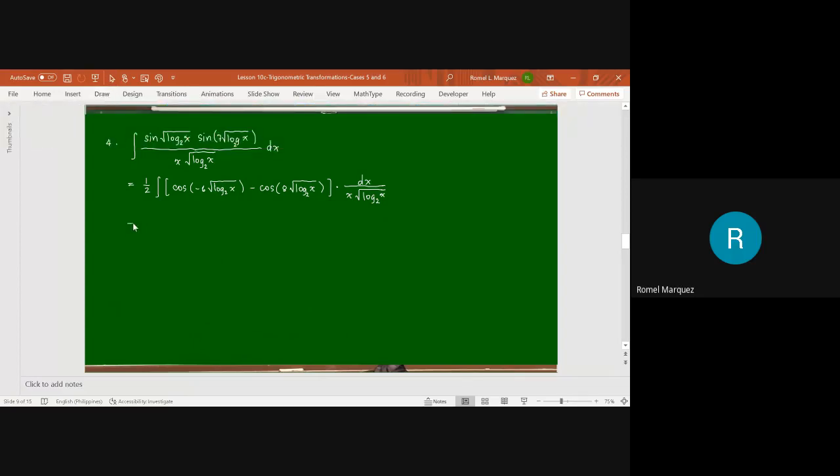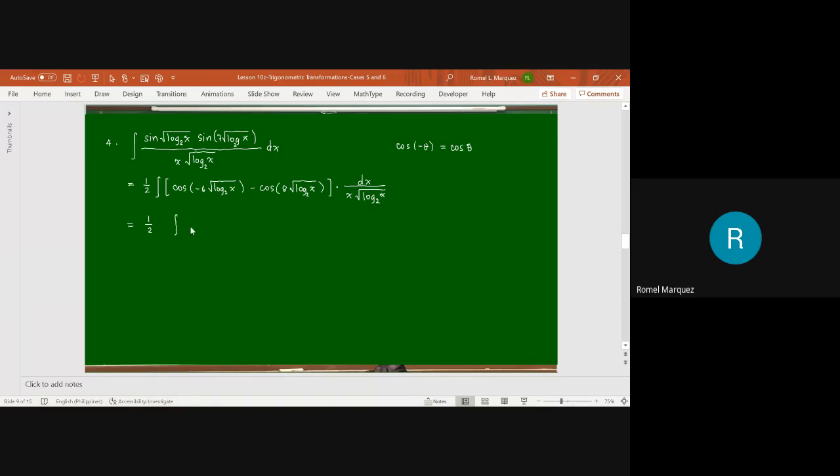So this is equal to 1/2. Guys, what is cosine of negative theta? Again, cosine of negative theta is positive, cosine of positive theta. So I can discard this, no?